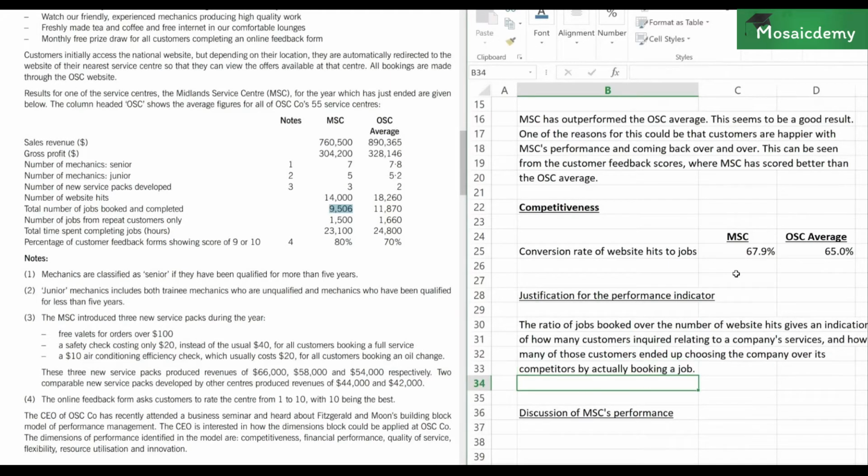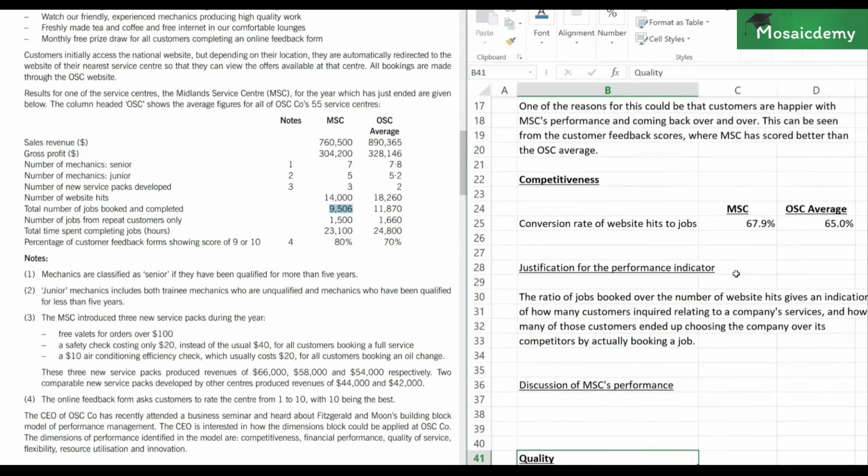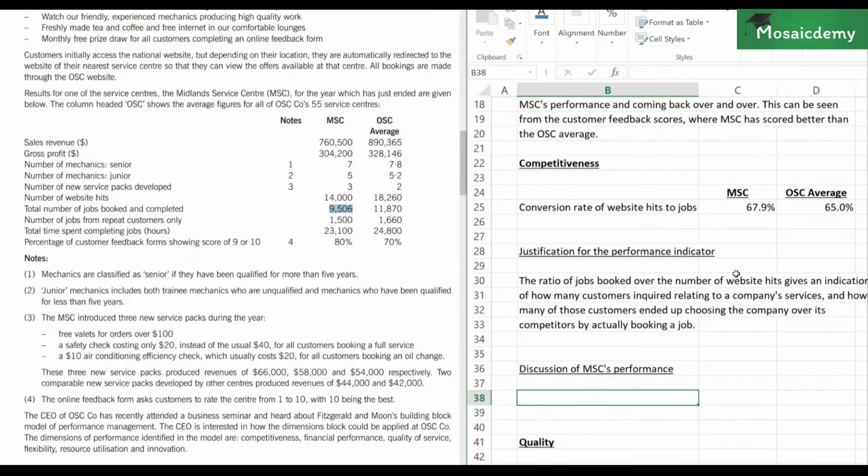Okay, so the ratio of jobs booked over the number of website hits gives an indication of how many customers inquired relating to a company's services and how many of those customers ended up choosing the company over its competitors by actually booking the job. So there's our justification, and again we need to discuss the performance.